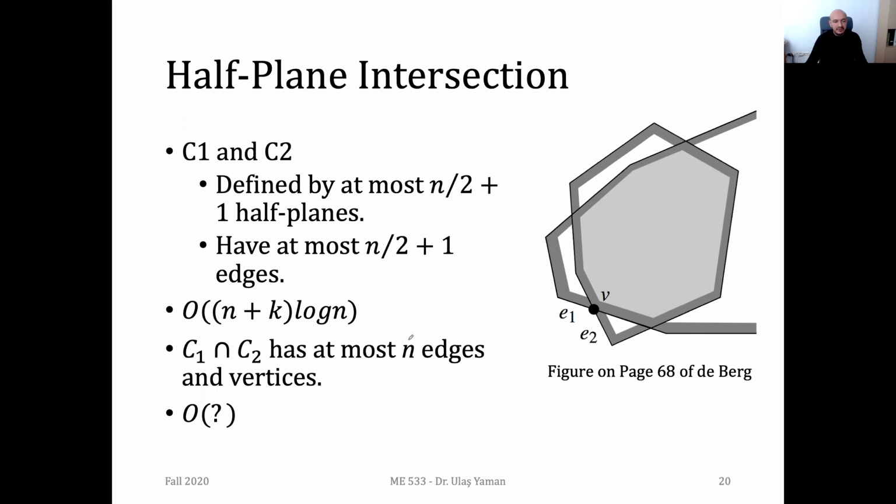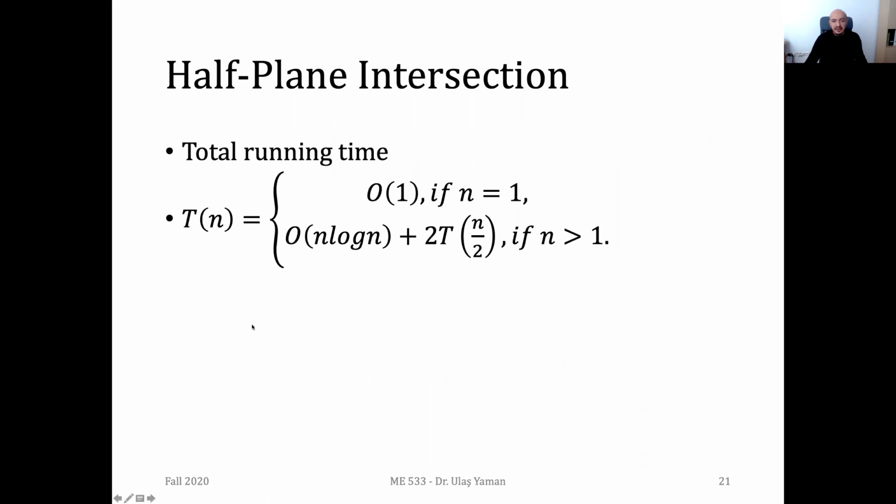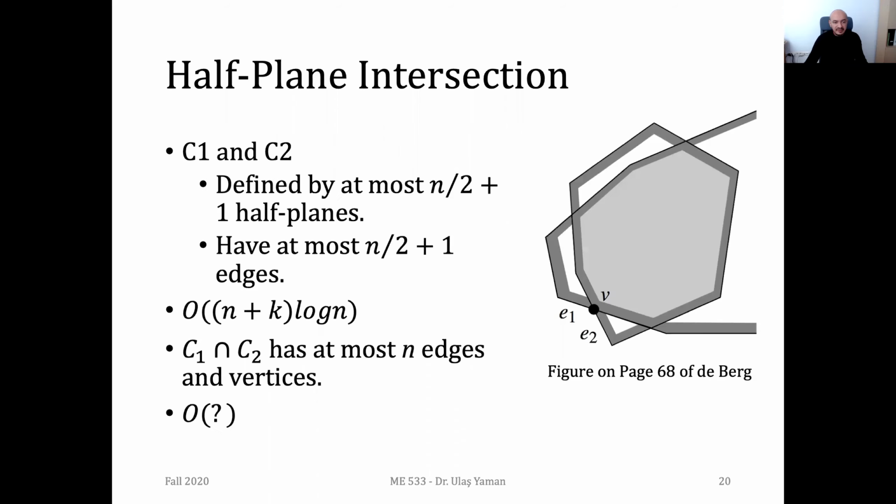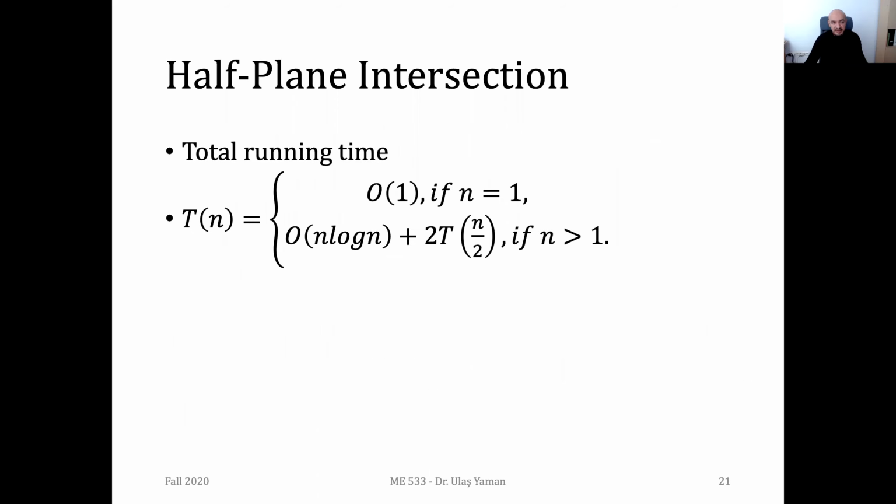Again, the complexity obviously will be similar to this one. Since, as I mentioned, we take that time complexity for granted, I don't want to spend time on it. The total running time will be similar to that.